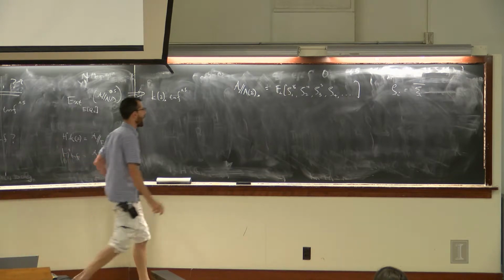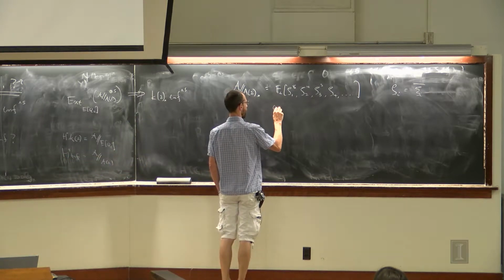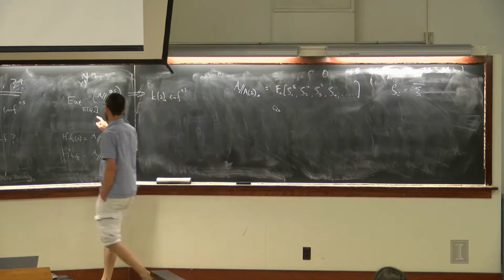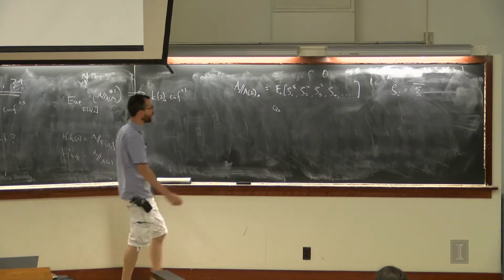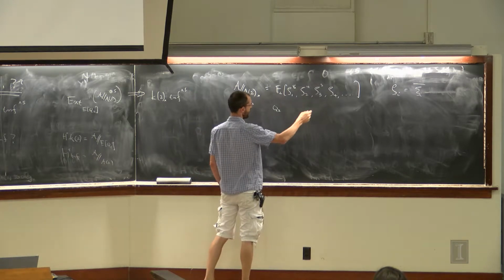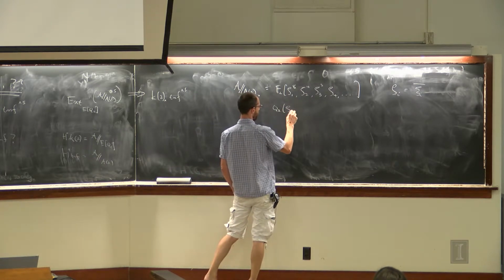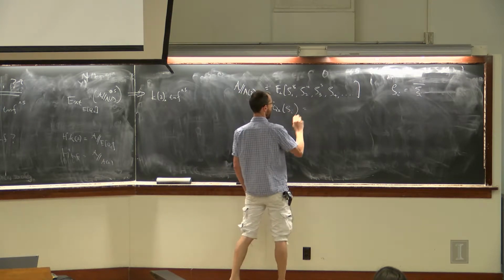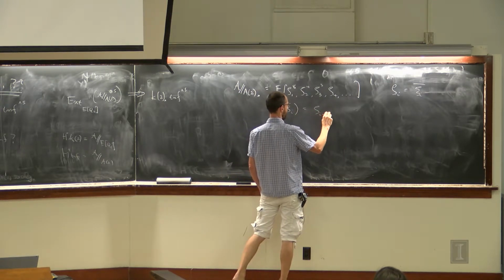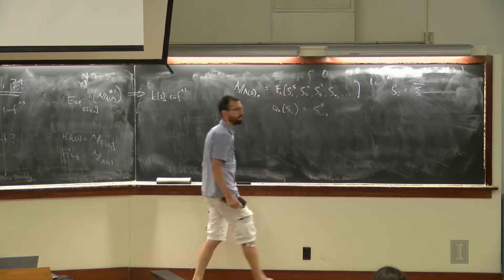How does Q2 act? So Q2 acts as a derivation. And so I just need to know what it does on the generators, and the formula is, you just read it off the coaction. Q2 of zeta i is zeta i minus 3 to the 8th.